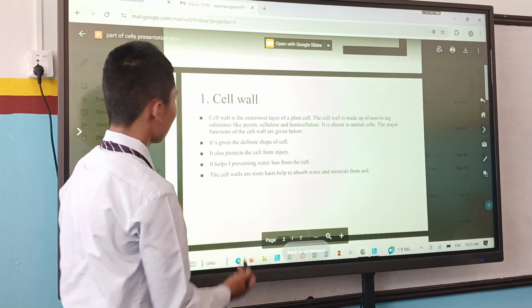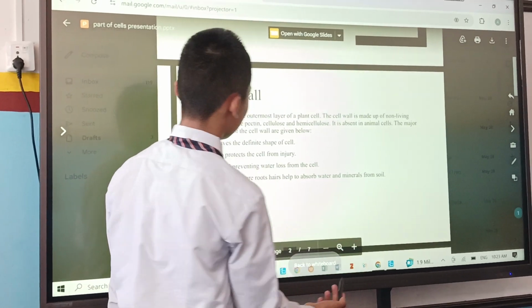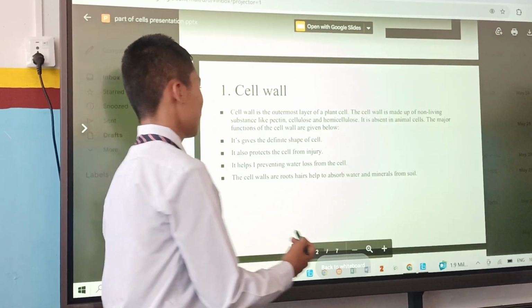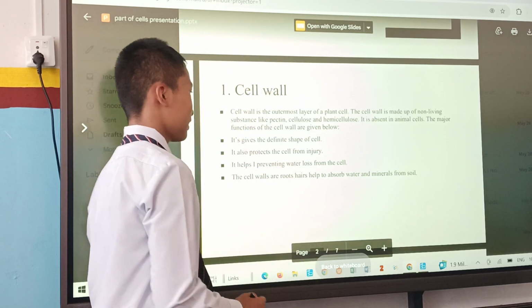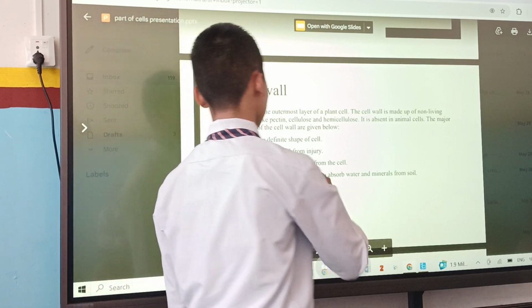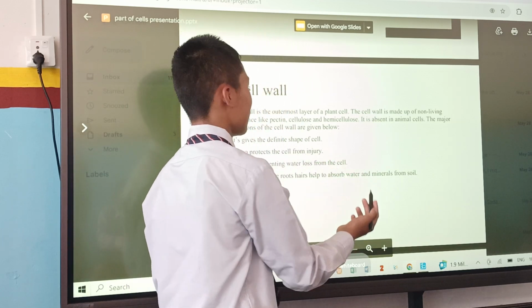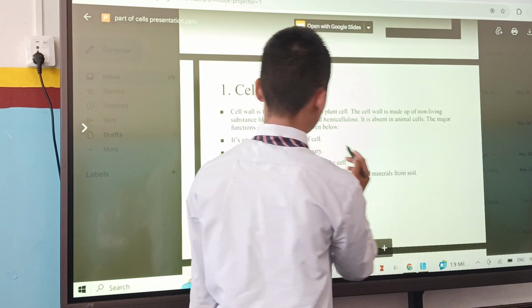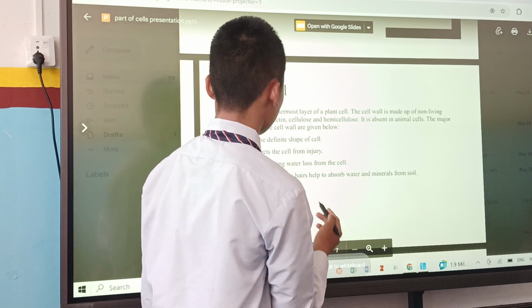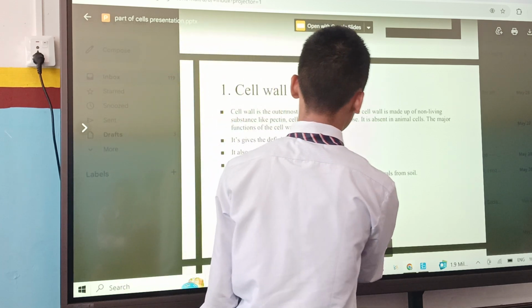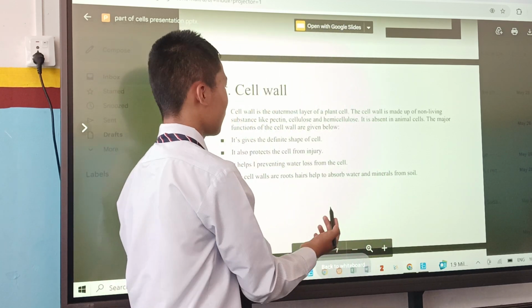Cell wall. Cell wall is the outermost layer of a plant cell. It means that the cell wall lies far between the nucleus, and it is the outer layer of the plant cell. The cell wall is made of non-living substances like pectin, cellulose, and hemicellulose carbohydrates.